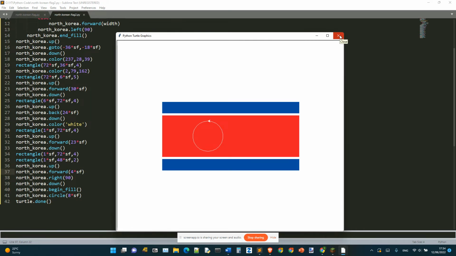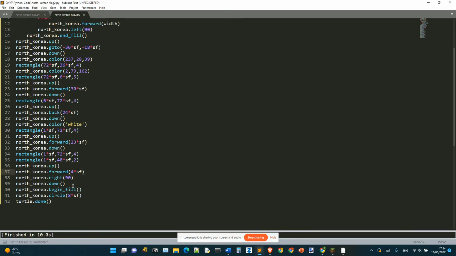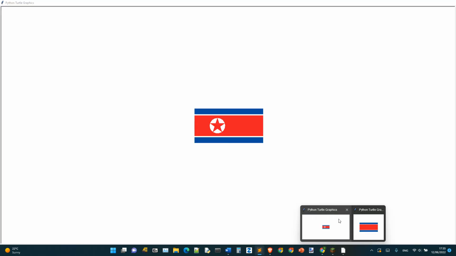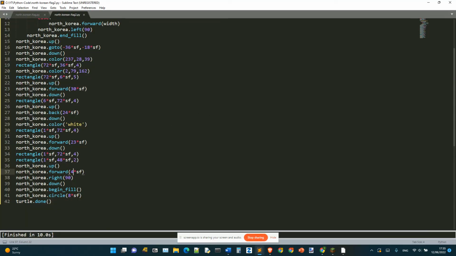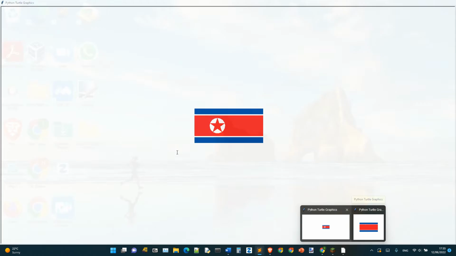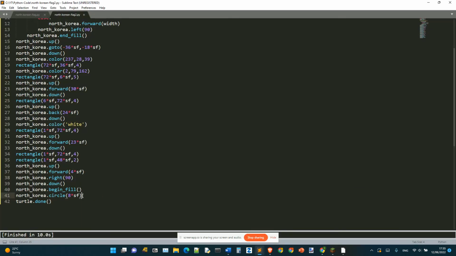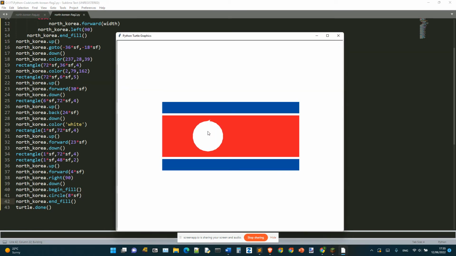So now the most difficult bit of this is drawing a star. The original one was here with a red star. So we are now going to draw. We have forgotten to end fill. North Korea dot end fill. So we now have a white circle. The last thing is a star.